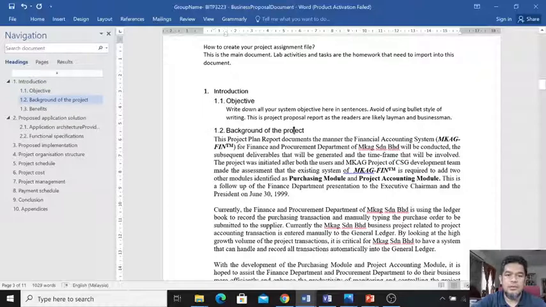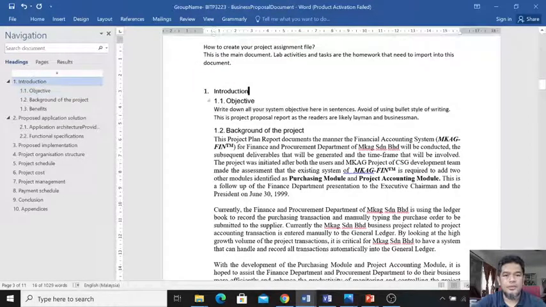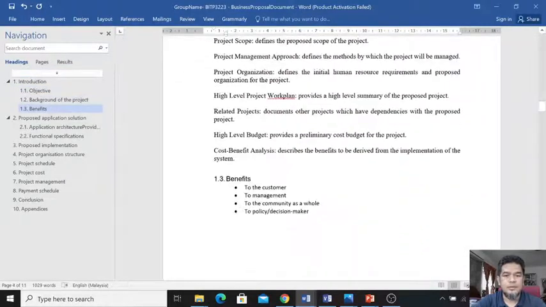Okay, so now you have the background of the project. You have the introduction and the objective. You have the project background.